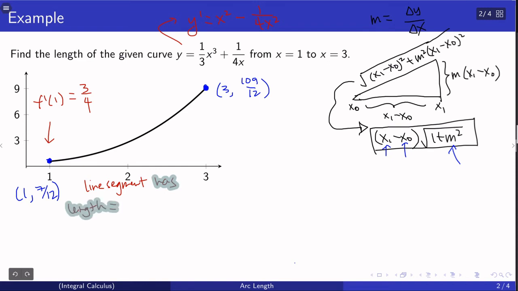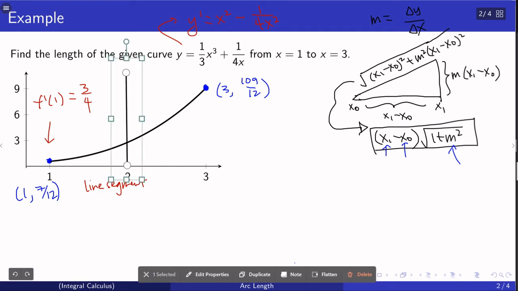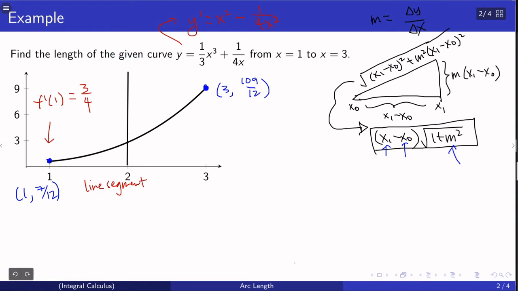So what about if we do this and slice the interval from 1 to 3 into two subintervals, one from 1 to 2 and the other interval from 2 to 3.